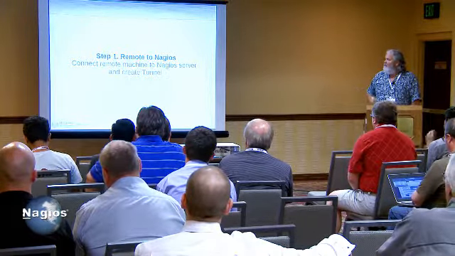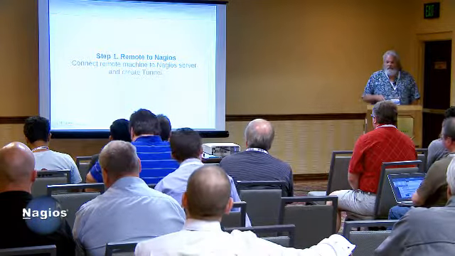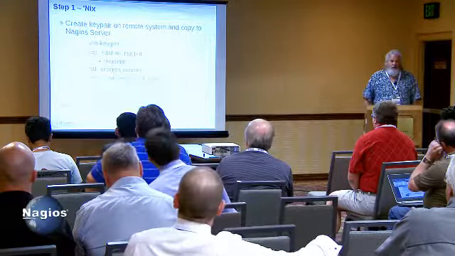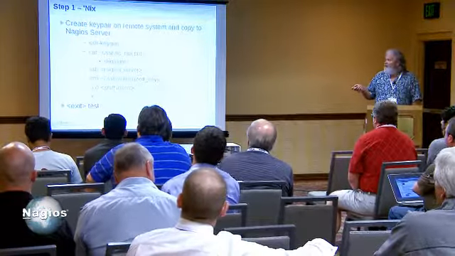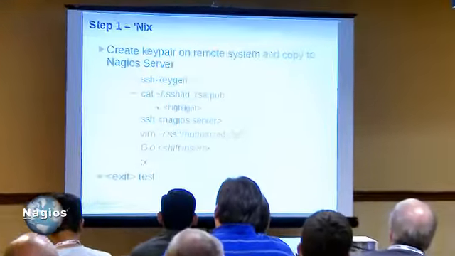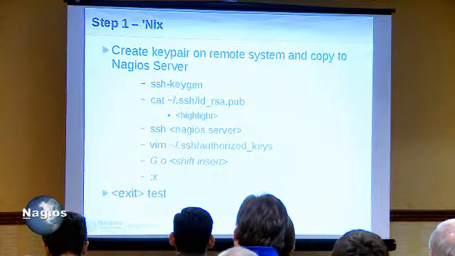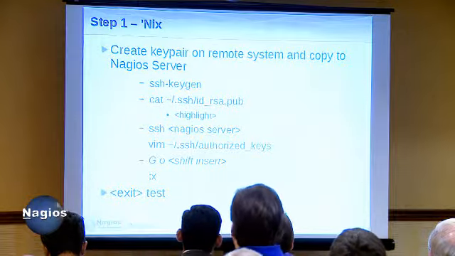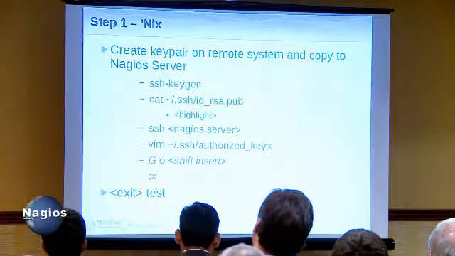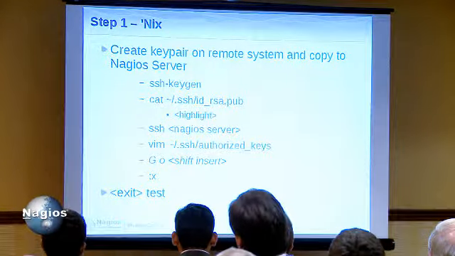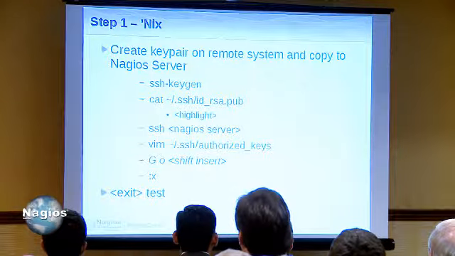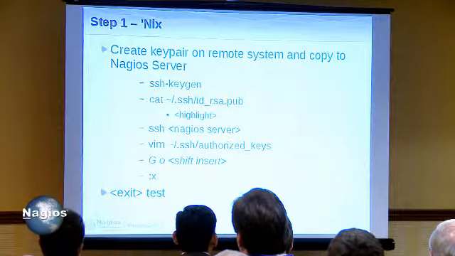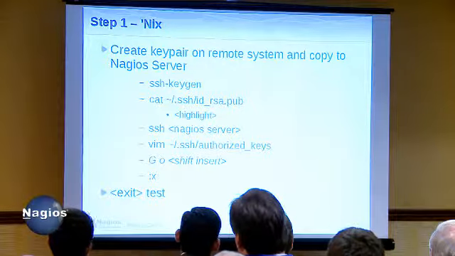So the first step, connect that remote machine to the Nagios server. You want to create a key pair on the remote machine. Do a keygen, type the key, cat the key, connect to the Nagios server, add it to your authorized keys on the Nagios server, then test it. That sets up authentication from the remote machine to the Nagios machine.